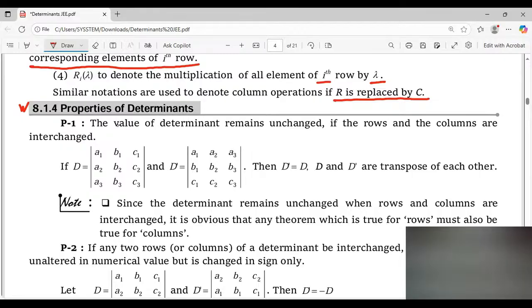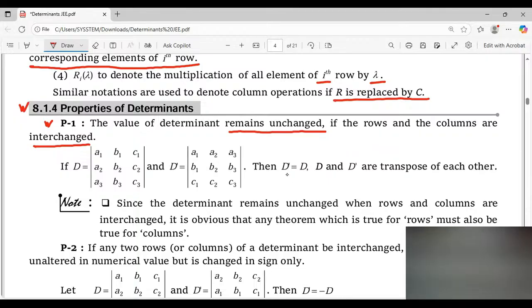Properties of determinants. First property: the value of a determinant remains unchanged if the rows and columns are interchanged. So the value of the determinant is the same if the rows and columns are interchanged. A1, B1, C1 will become the first column, and so on.